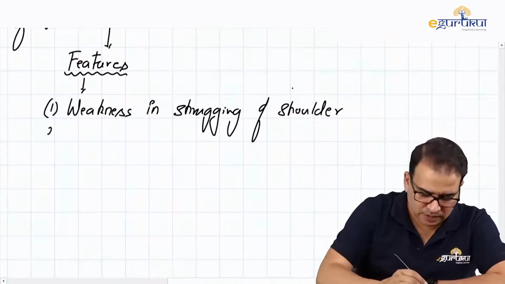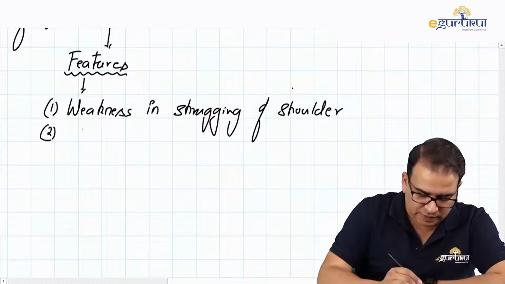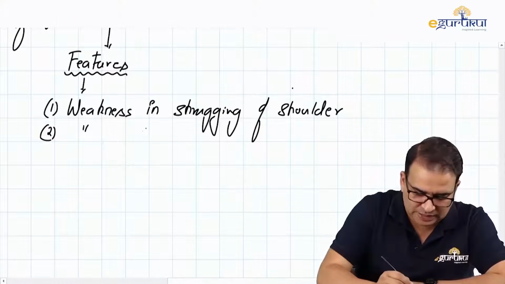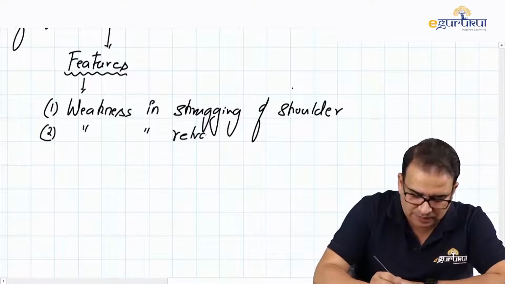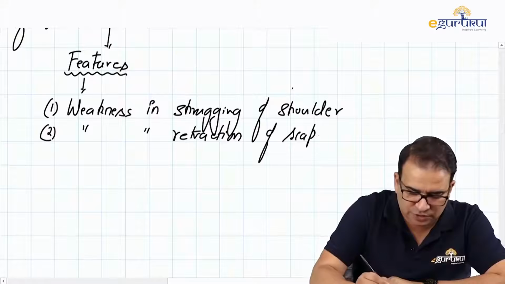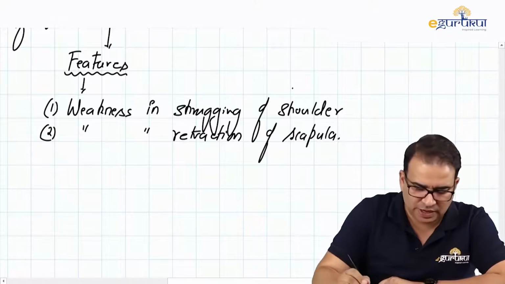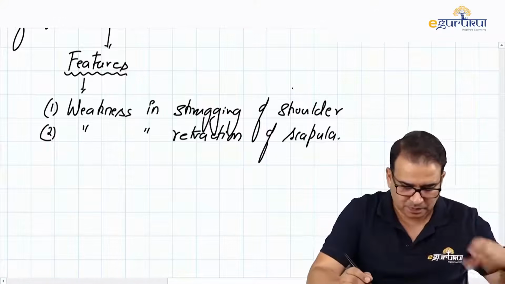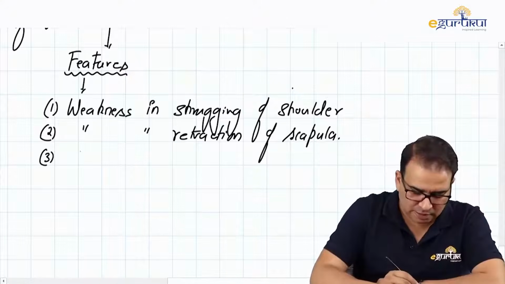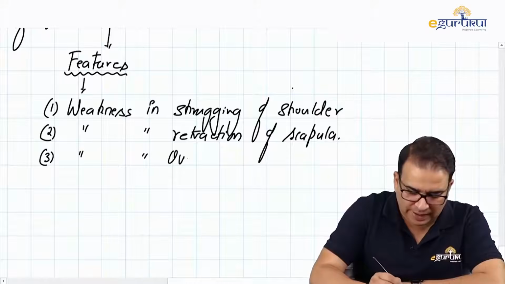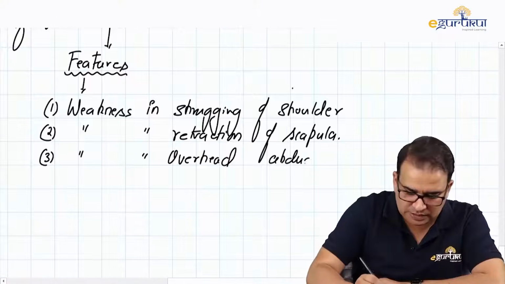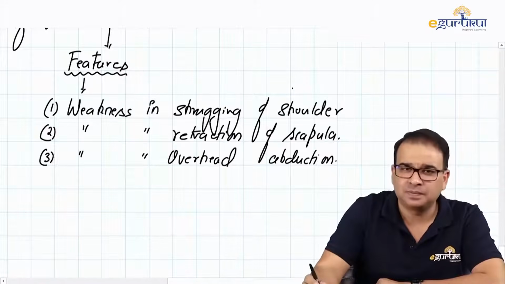Number two, weakness in retraction of scapula. You just have to think about the function of the trapezius and write it down. Then number three, weakness in overhead abduction.